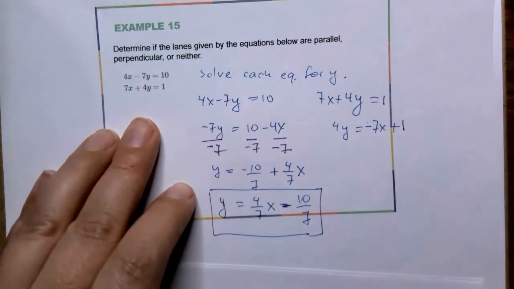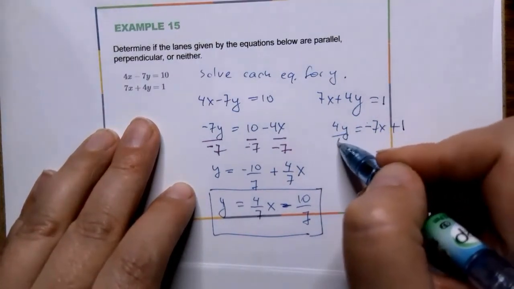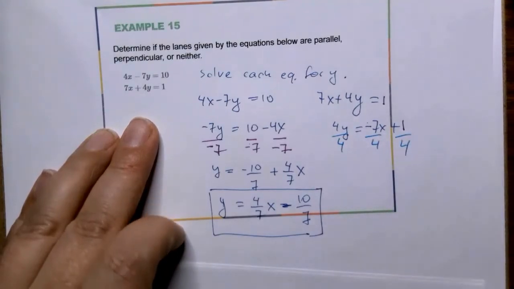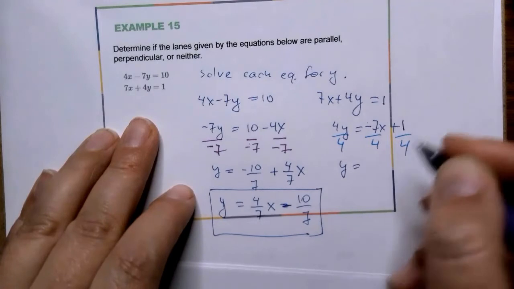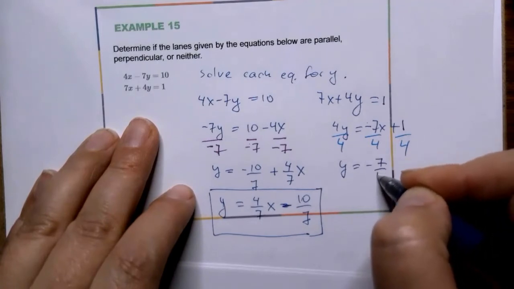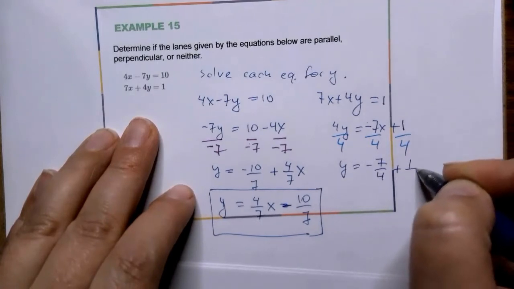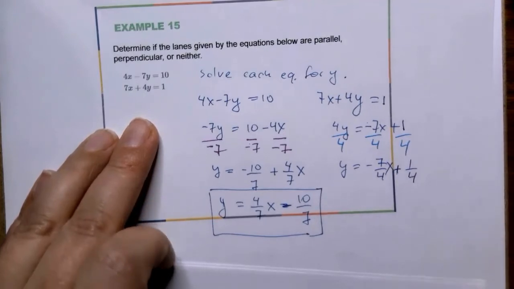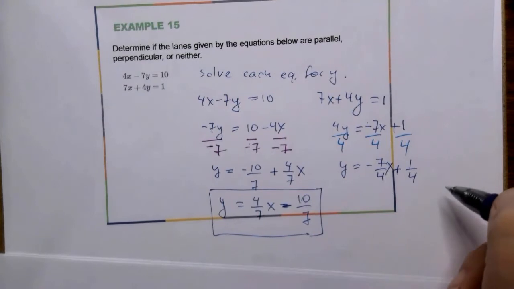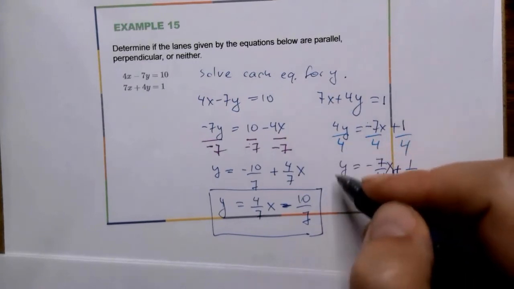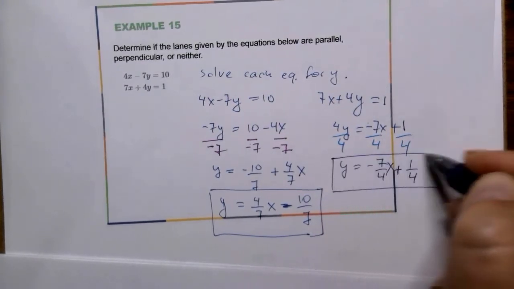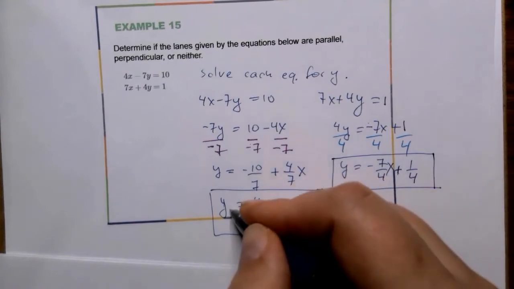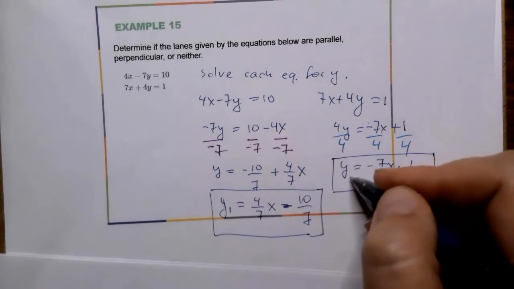And then dividing everything by 4, we have y equals negative 7 over 4 x plus 1 over 4. Okay, so now this equation is also in the slope-intercept form. I'm going to call this equation 1, so y1. This equation 2, so y2.